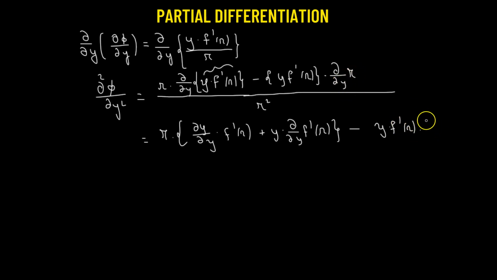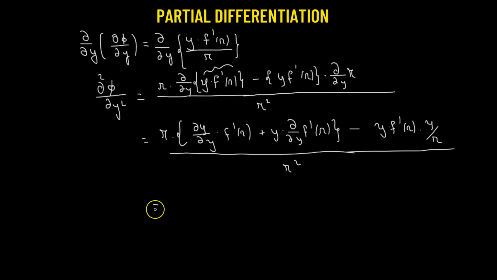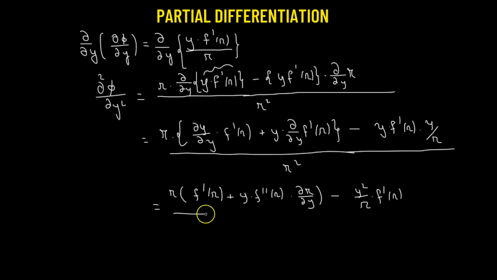We can replace this with y divided by r, whole thing divided by r squared. So that gives us r multiplied by, the partial of y with respect to y will be 1. So this will get multiplied by f prime r plus y times the partial of f prime r with respect to y. This will give us f double prime r multiplied by the partial of r with respect to y, minus y squared divided by r times f prime r, whole thing divided by r squared.